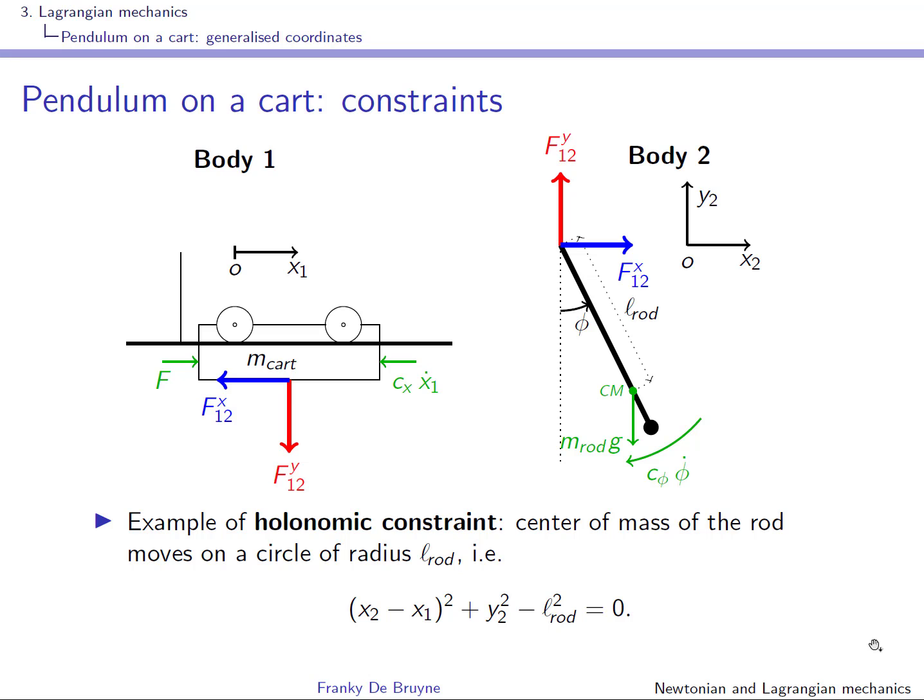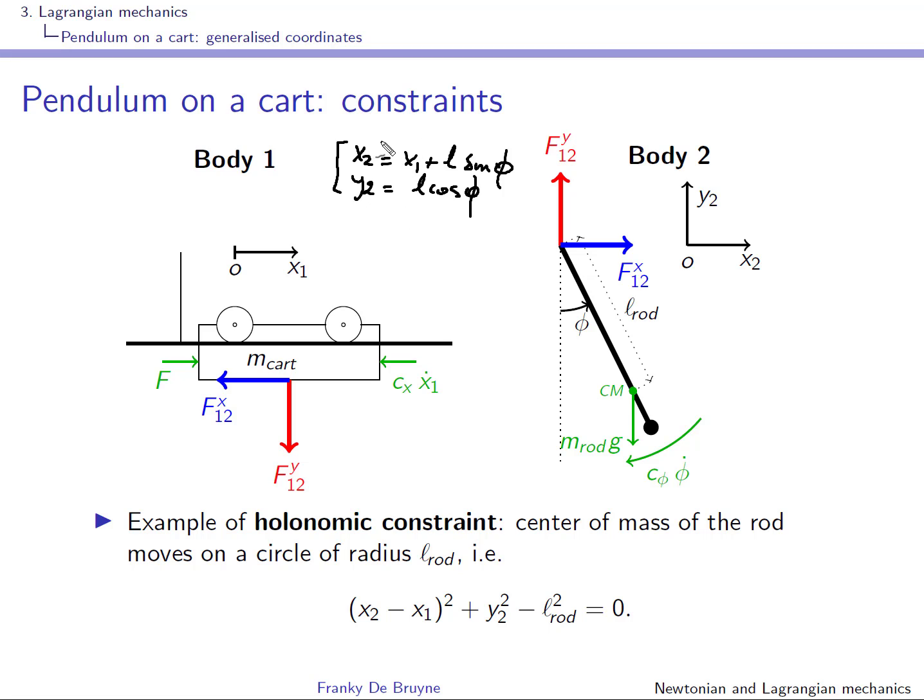Remember that we had constraints in the system, and they are the following. x2 is equal to x1 plus L sine phi, and we had y2 is equal to L cosine phi, right? These are the 2 constraints. Well, this one here can be written differently.